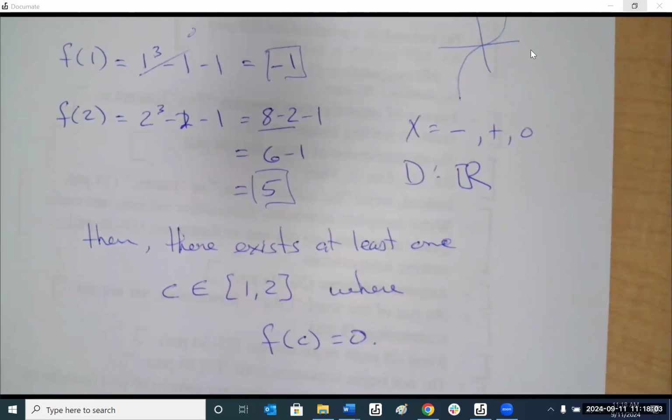The intermediate value theorem doesn't tell us how many or where they are. It just tells us if one exists.